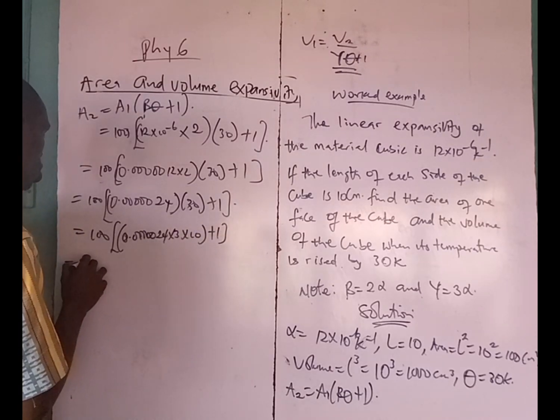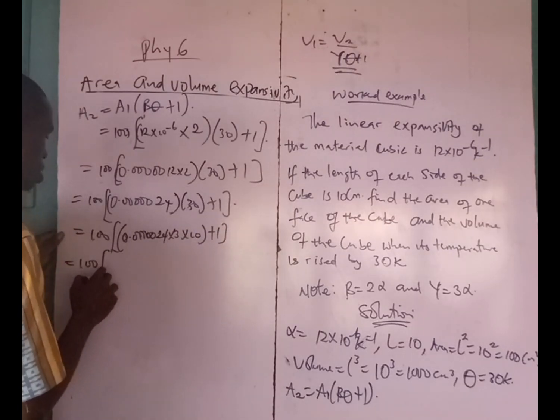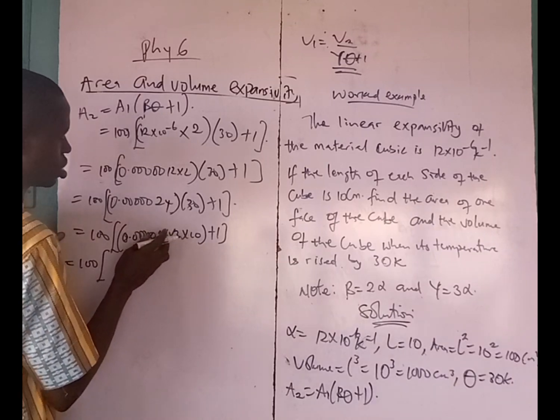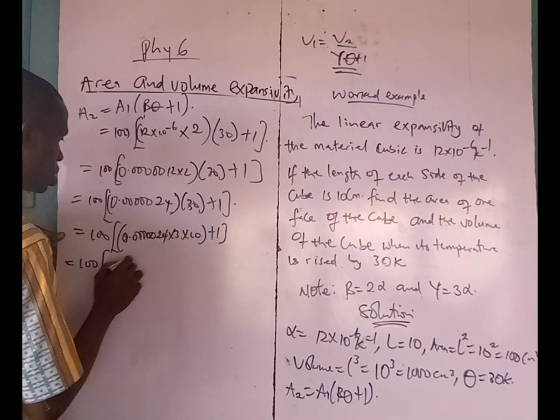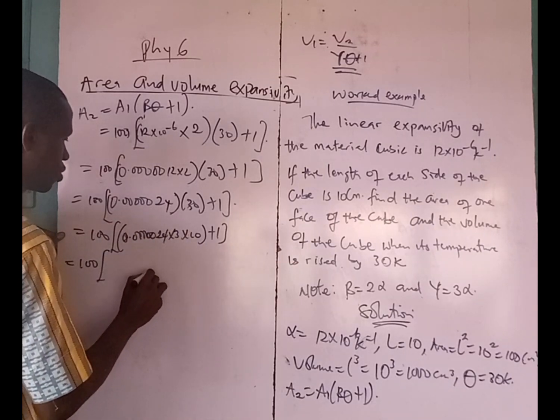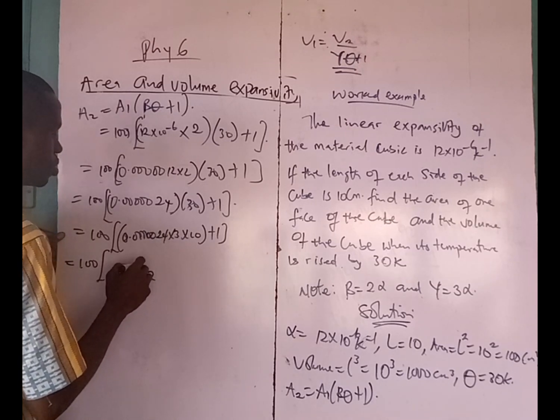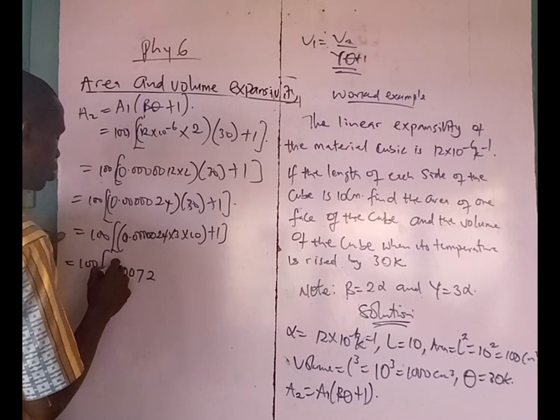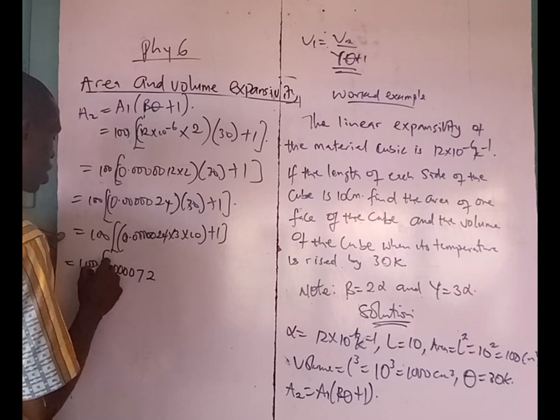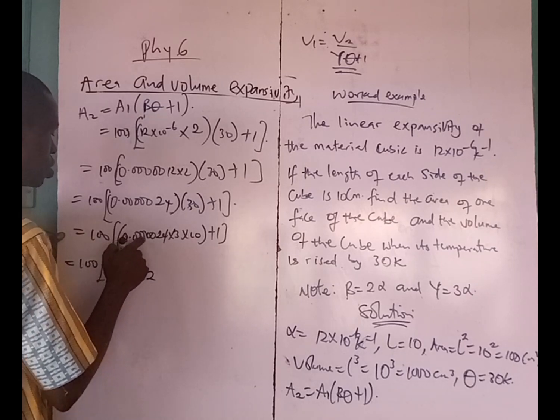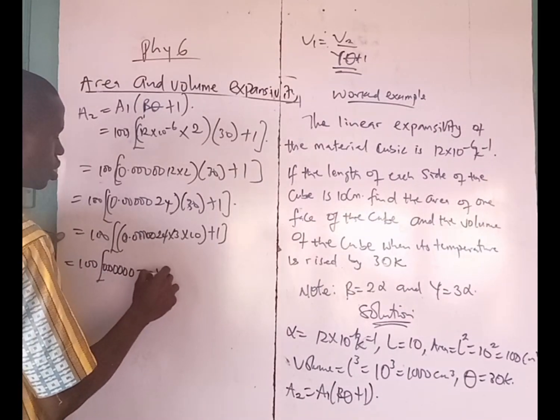So that gives us 100 into this times 3, this times this, you have 12, to keep 1, this times this, 6 plus 1, 7, times 10 plus 1.